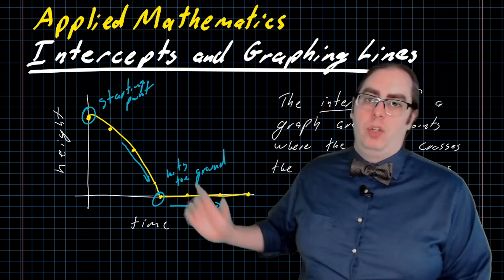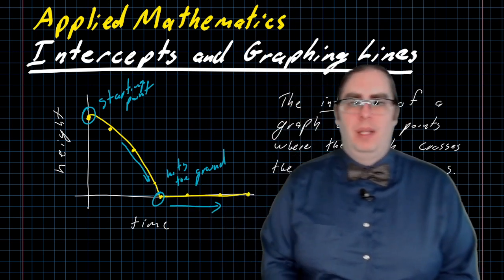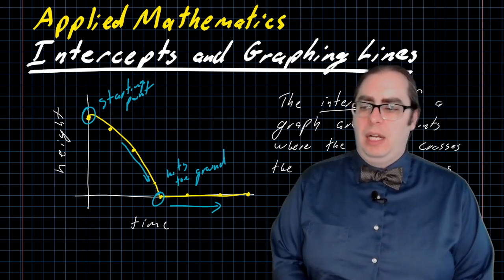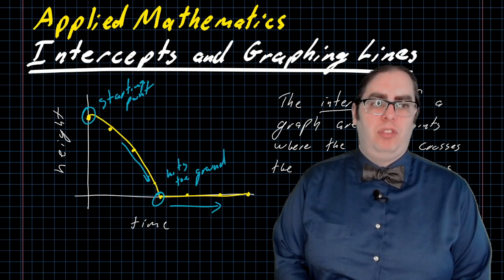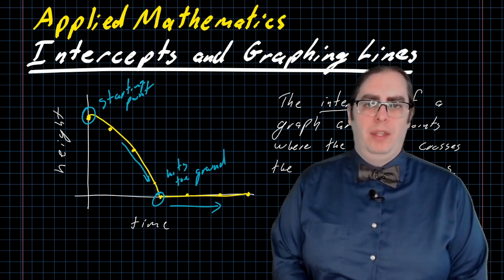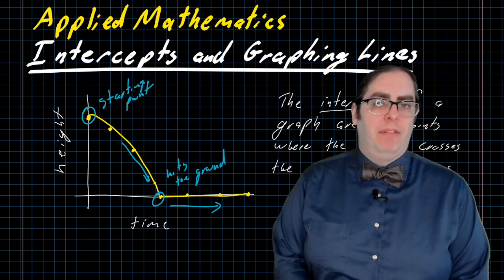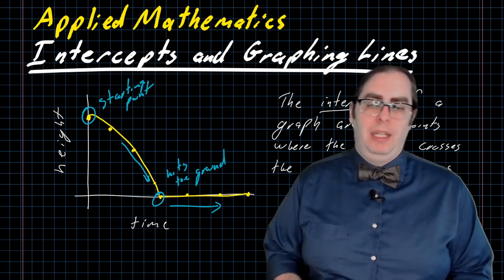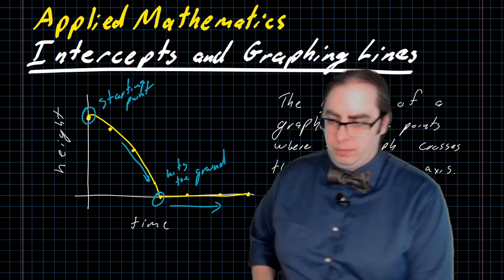It hit the ground. That's a pretty basic idea here. There's a pretty simple way of understanding what's going on with a graph, but it absolutely is something that can and should be analyzed.